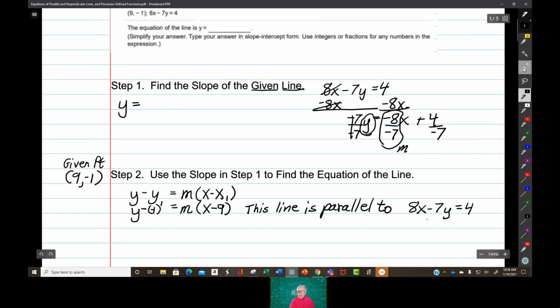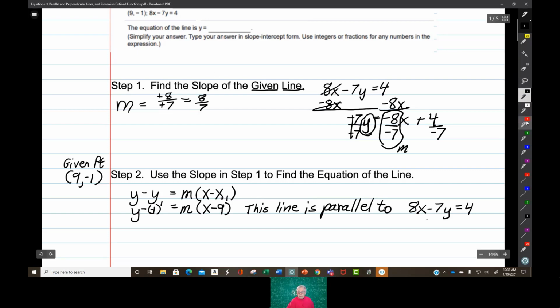So I'm going to say m equals negative 8 over negative 7, just the number part. Well, the negatives cancel, leaving me with 8 over 7. And now I know what the slope is.